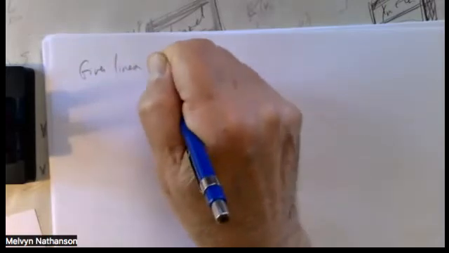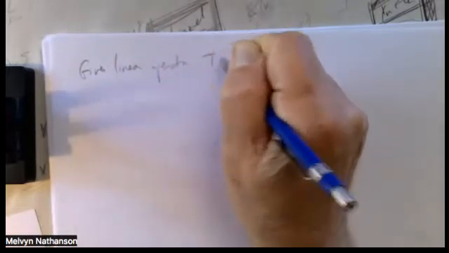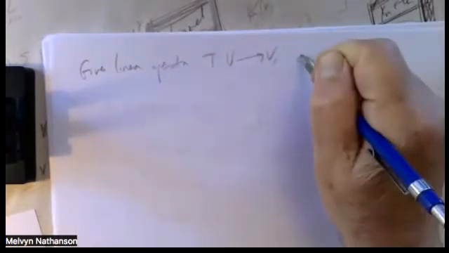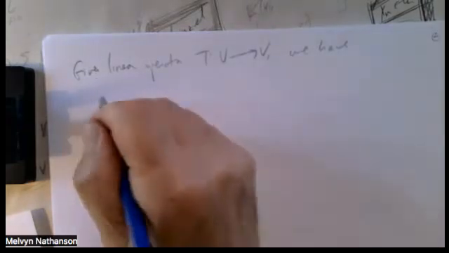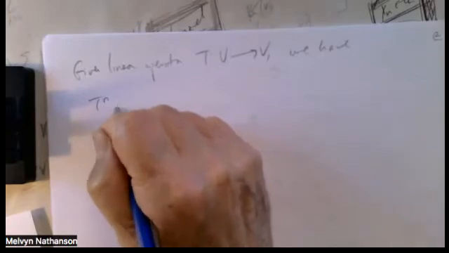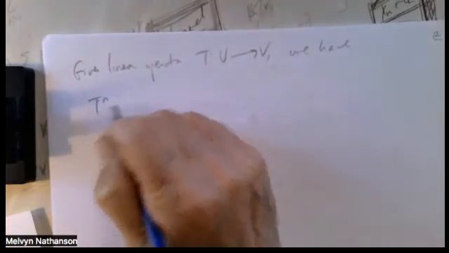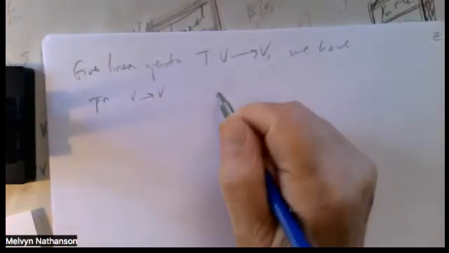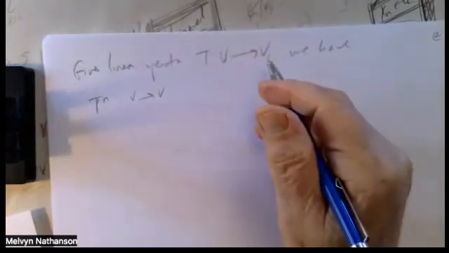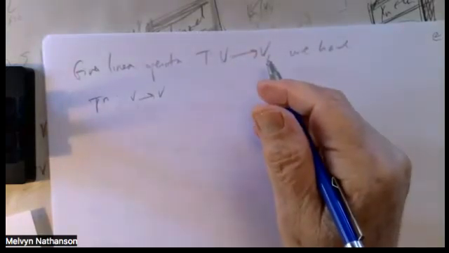So given an operator T from a vector space V to V, we have T composed with itself any number of times. So we have the operator T to the power r from V to V, which just means T composed with T composed with T some number of times.